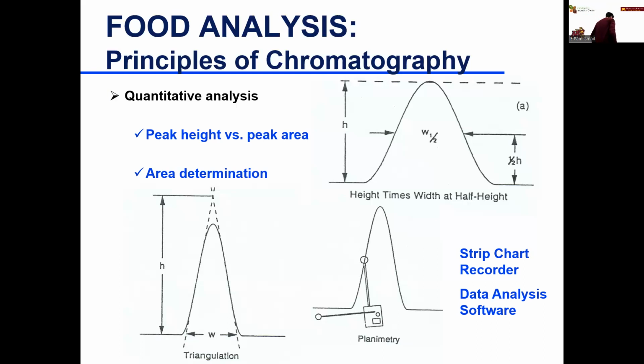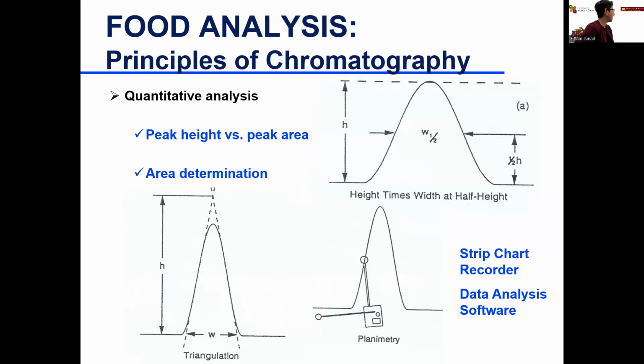So it's always best to take the area because the height is dependent on the sensitivity of the detector, dependent on the efficiency of the column, whereas the area can be more directly related to the quantity.